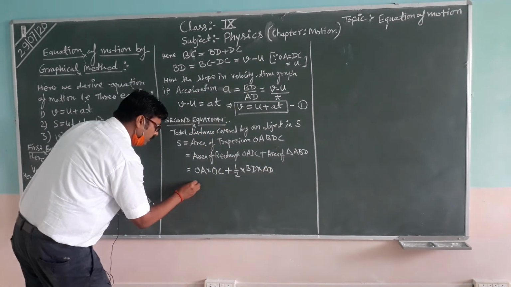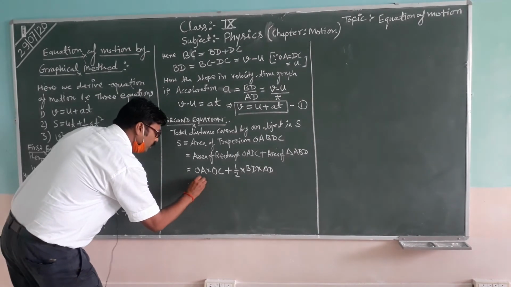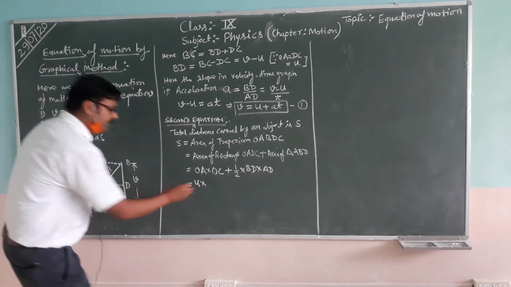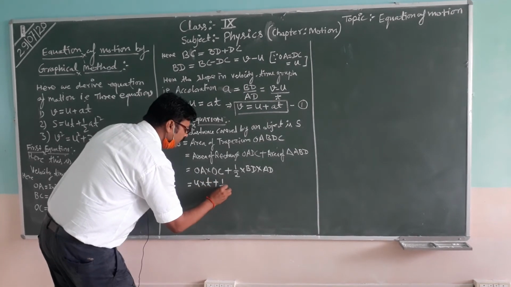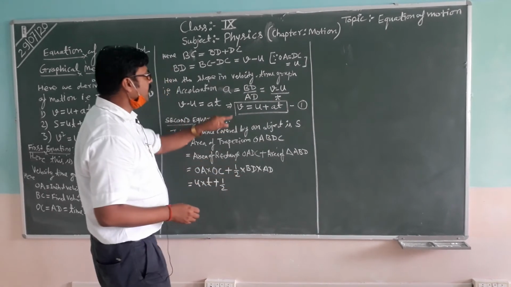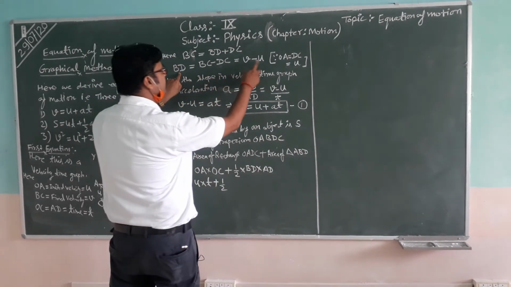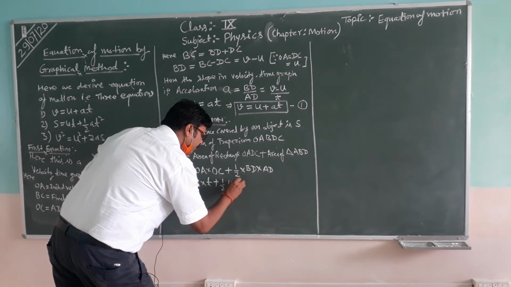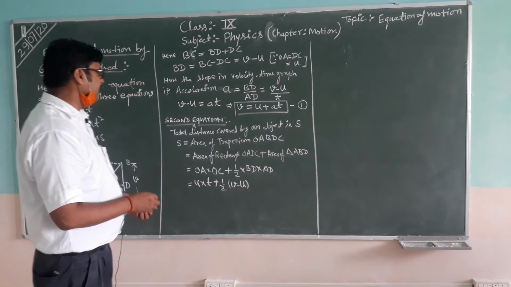Put the values of OA and OC. OA is U, multiplied by OC which is T, so U times T, plus half. What is BD? My dear student, BD is equal to V minus U, and another term is AD.